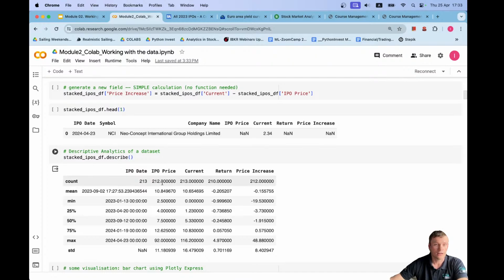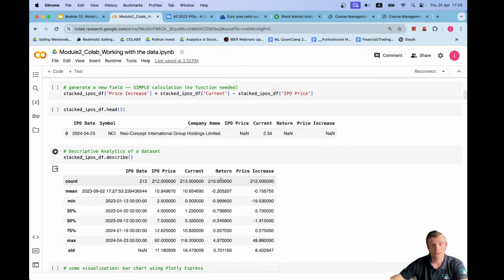You can do the descriptive analysis with one function called .describe, and from here you can see that IPO price on average was $10.8, median is 7.5, and the 75% quantile is between $4 and $12.6. What is important for us is to look at the return.